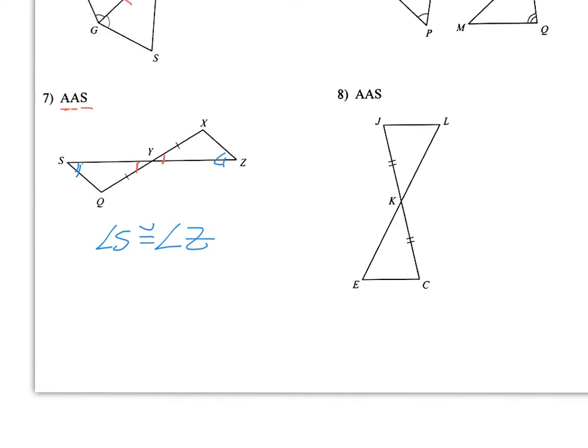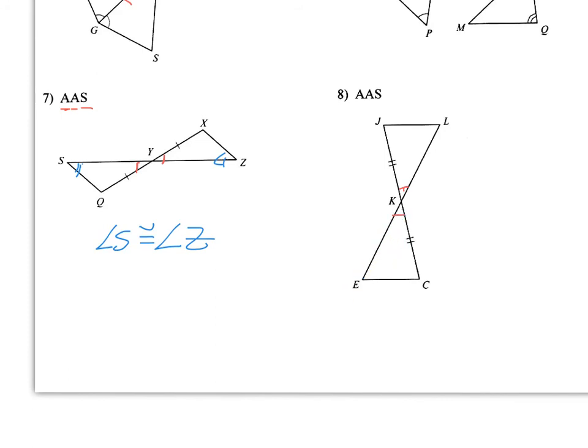Alright, number 8, same thing. What do I know? I know the vertical angles are congruent. I need to do angle, angle, side. So I have angle, side. Well, I can't do this one because then that would be angle, side, angle. So I need to do this one, angle, angle, then the side.